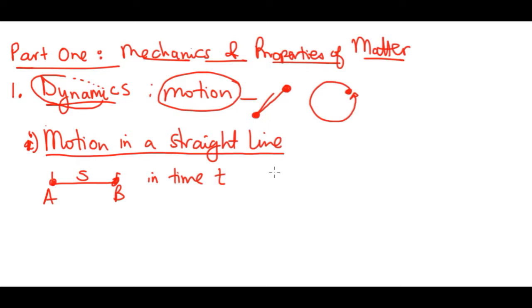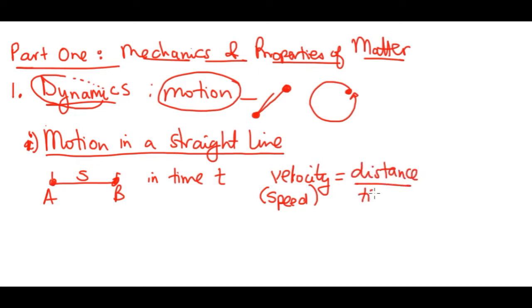So we define something called velocity as, in simplest terms, let's first just say speed for now. Speed, I think you already know, is equal to distance over time. We're going to see where speed is equal to velocity, but for now let's just say velocity, which is equal to speed, is equal to distance over time.